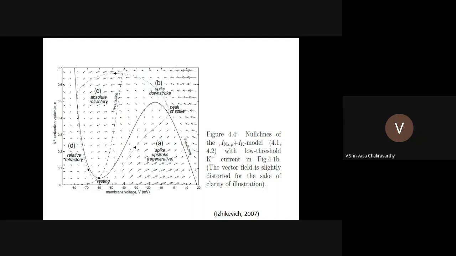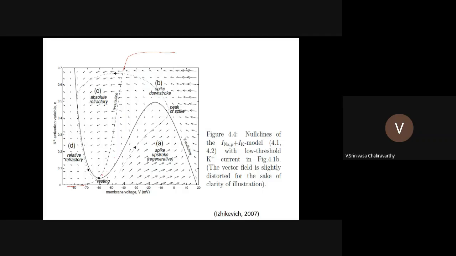Just like before, it's interesting that these patterns repeat for a wide variety of neuron models having very different kinds of ion channels. In this case also, the V nullcline, the voltage nullcline, looks like an inverted N, and the n nullcline again looks like a sigmoid. If you go high up, you will see that it looks something like this. So it's again a sigmoid.